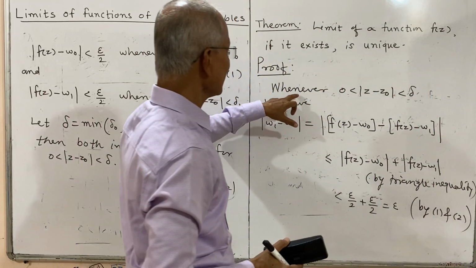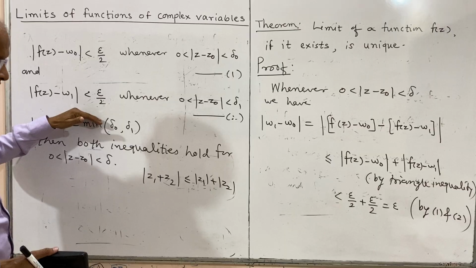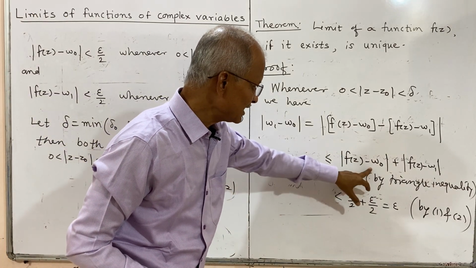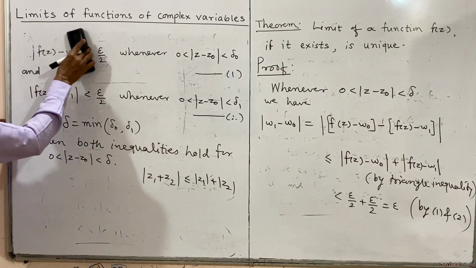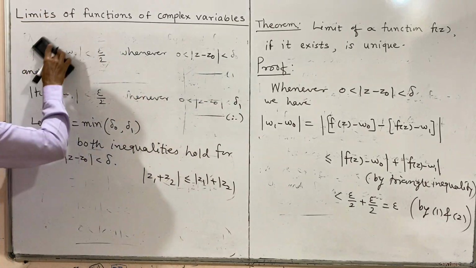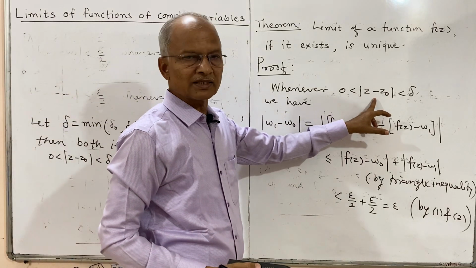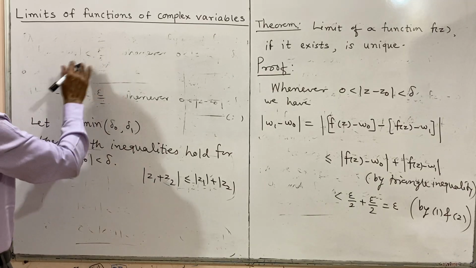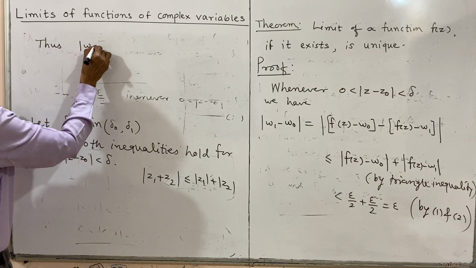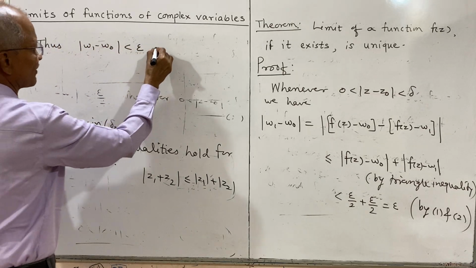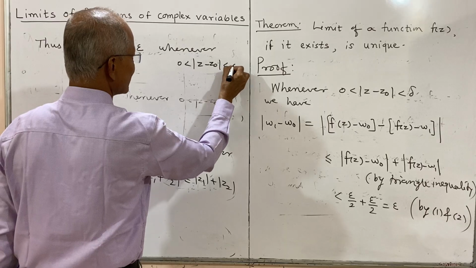Because whenever the absolute difference of z and z naught is less than delta, both inequalities hold, and therefore this is less than epsilon by 2, this is less than epsilon by 2, and thus the final result is that mod of w1 minus w naught is less than epsilon whenever 0 is less than mod z minus z naught is less than delta.